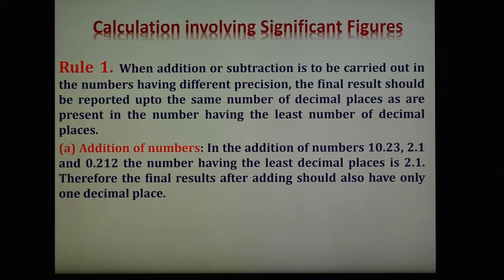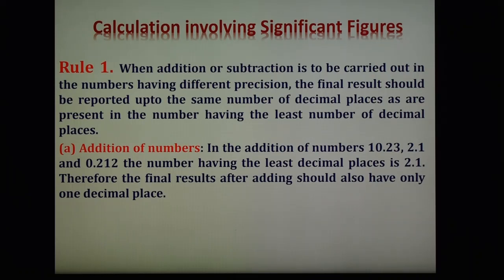When addition or subtraction is to be carried out on numbers having different precision, the final result should be reported up to the same number of decimal places as are present in the number having the least number of decimal places. This is important. Now we can illustrate this rule, taking both addition and subtraction.